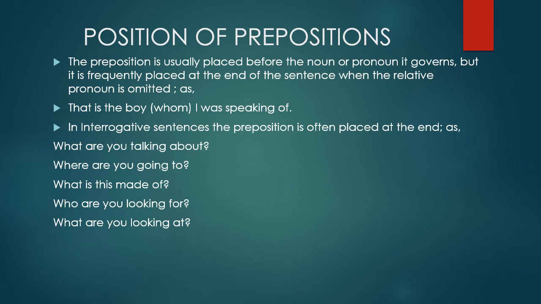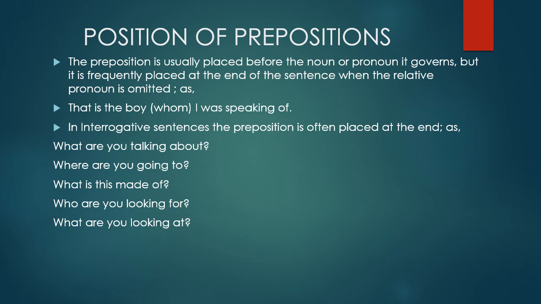So basically preposition is usually placed before the noun or pronoun it governs, but it is frequently placed at the end of the sentence when the relative pronoun is omitted, as you have seen in the interrogative sentences. Clear? A preposition is also placed at the end when emphasis is required.